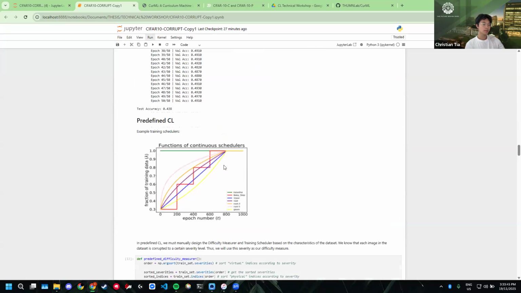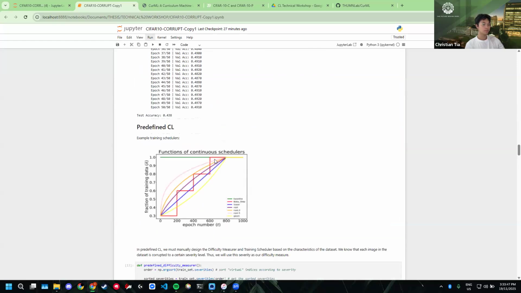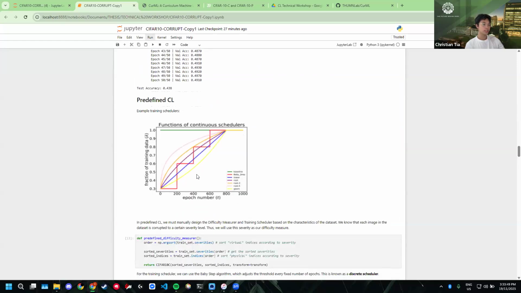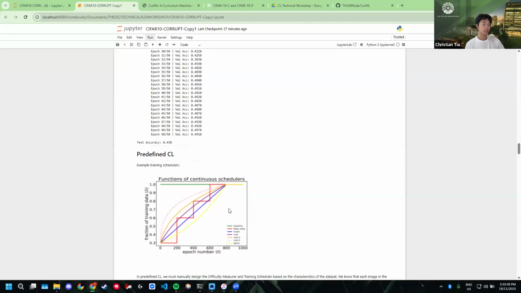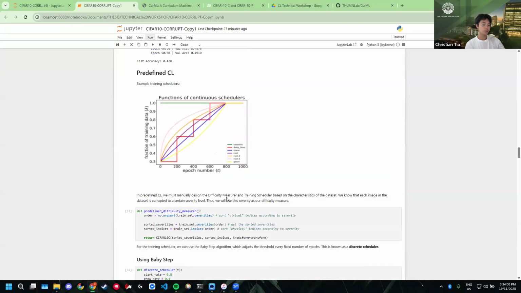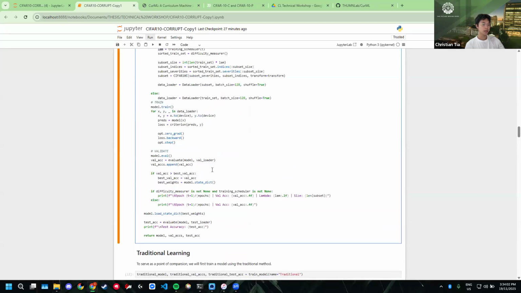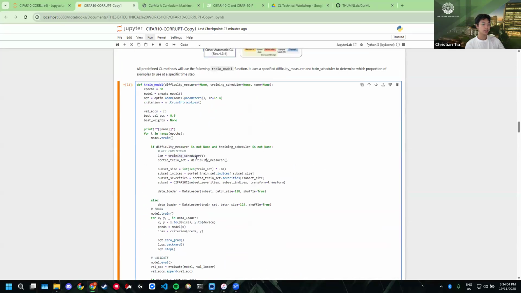So we can define many different training schedulers or functions for lambda. As you can see here, there are root functions, linear functions, and geometric functions. So yeah, there's a lot of variety here in predefined CL. So that's how you get lambda first.